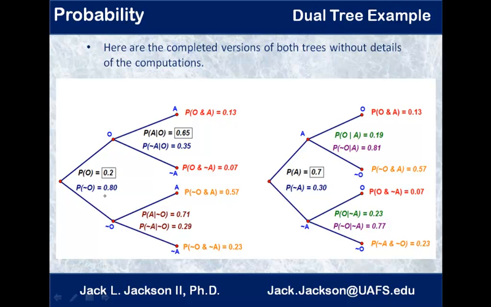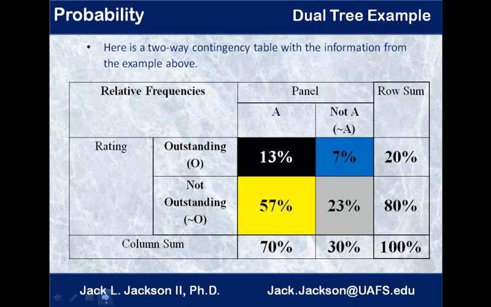The numbers on the front of the tree, probability A, not A, O, and not O, show up too. The A and not A show up at the bottom row, and the last column shows O and not O. So this has all the probabilities except for the conditional probabilities.